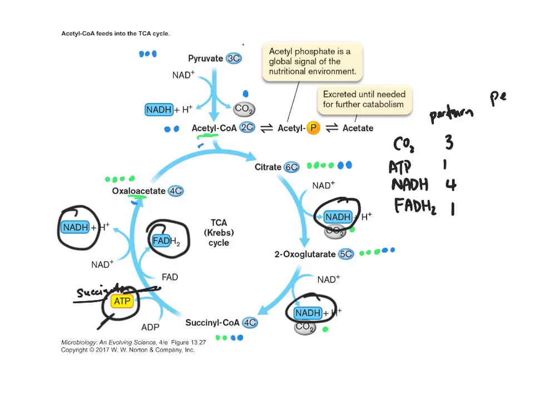But per glucose, just because we like to account per glucose starting from glycolysis, remember you're going to end up with 2 pyruvates going through each time. And so it's just double. So you'll get 6, 2, 8, and 2 of these.